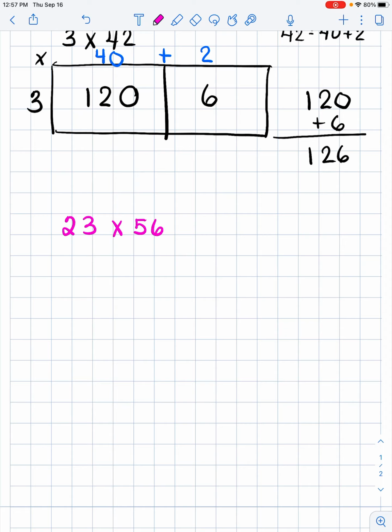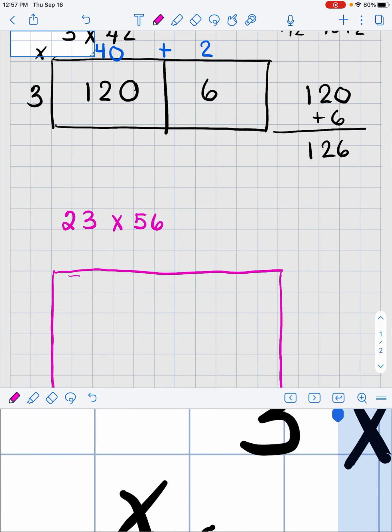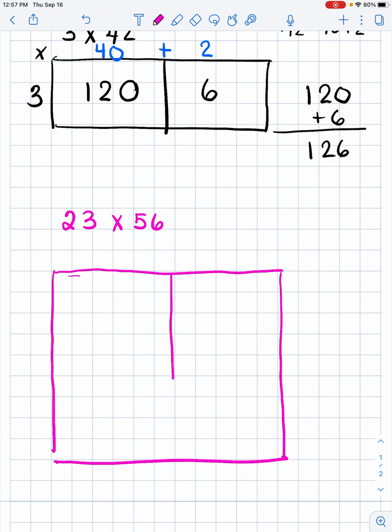Okay, now you'll notice that each of these numbers has 2 digits, so I'm going to have to make a 2 by 2 matrix. And it's going to be a little bit longer of a process, but it's going to be just as easy with each step. So multiplication sign over here.